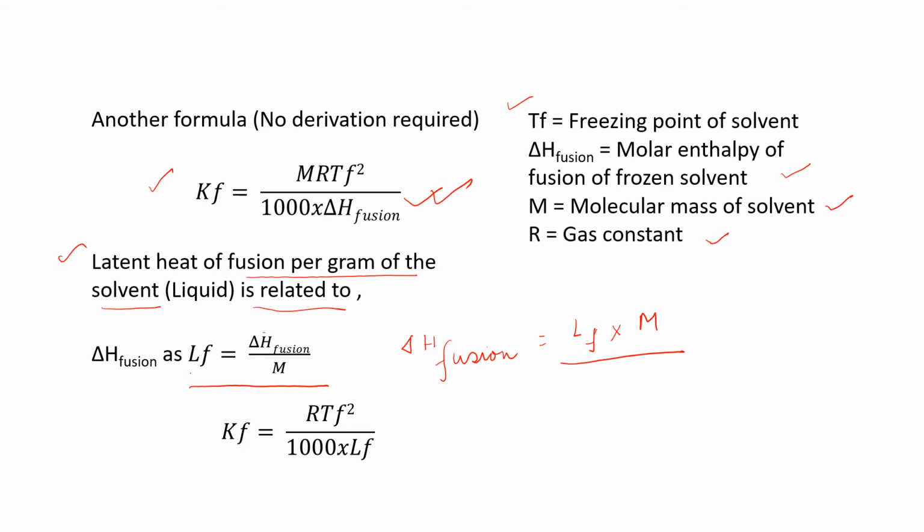So what we are getting, Kf is equal to M R TF square divided by 1000 into LF into M. M gets cancelled. So Kf is equal to R TF square by 1000 into LF.